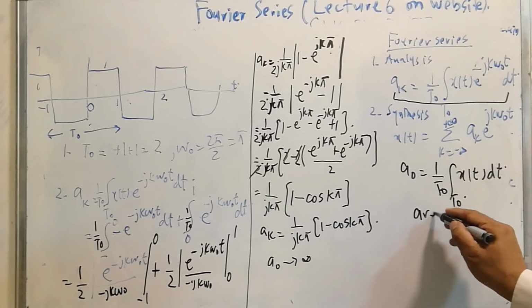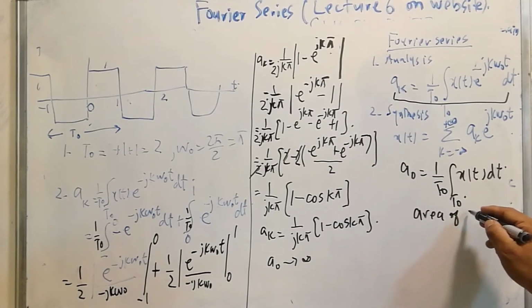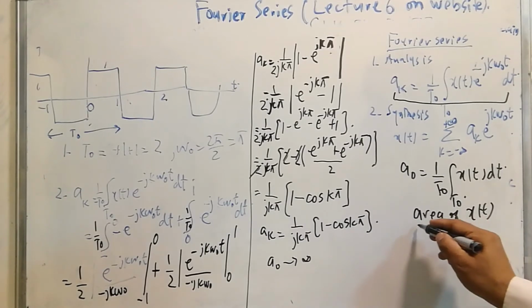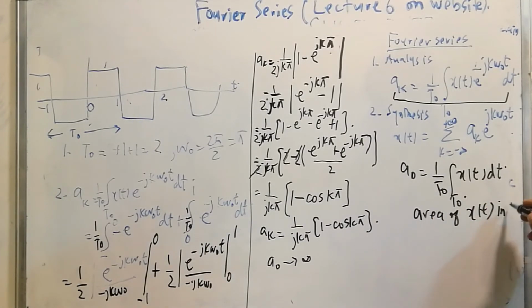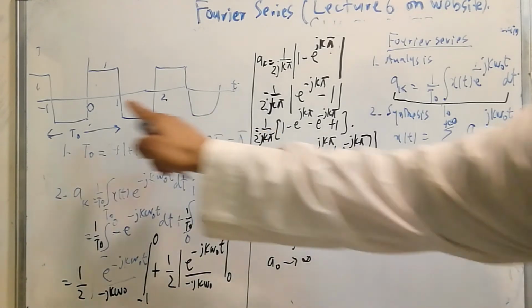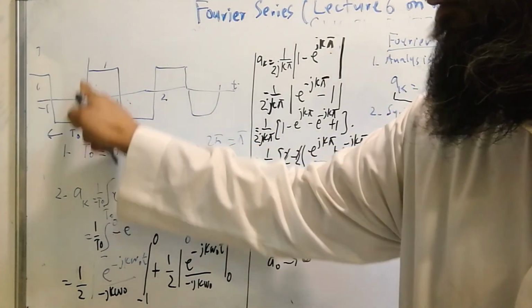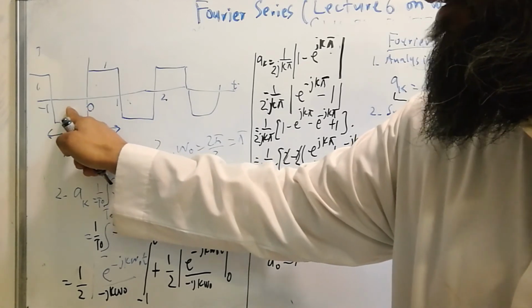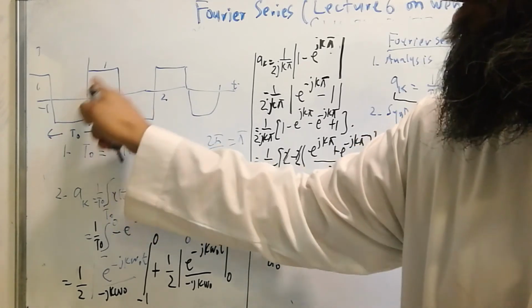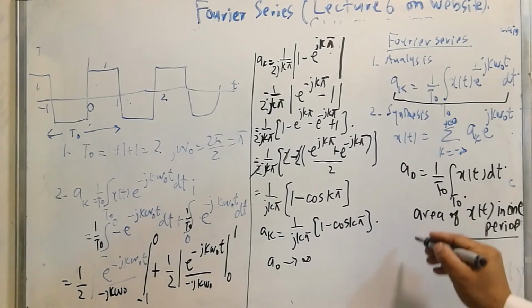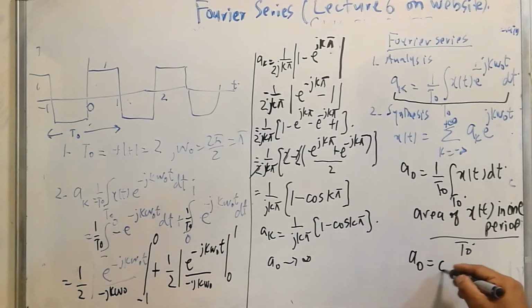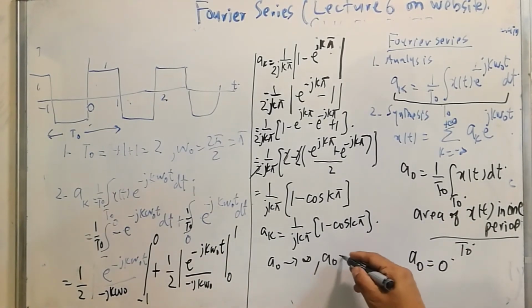So this is the area of x of t in one period divided by t naught. Now in this case, over one period, the area is 0 because this is minus and this is plus, and they have the same area. So this area is equal to 0 in our case.